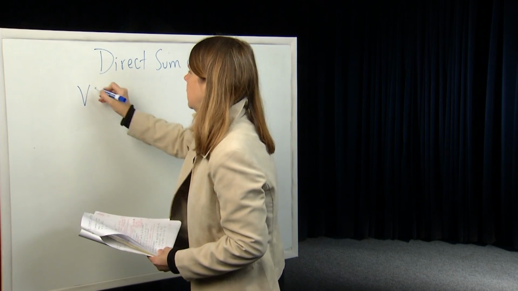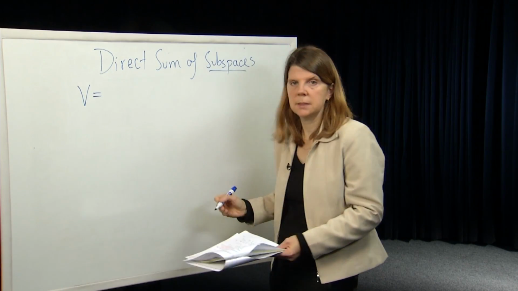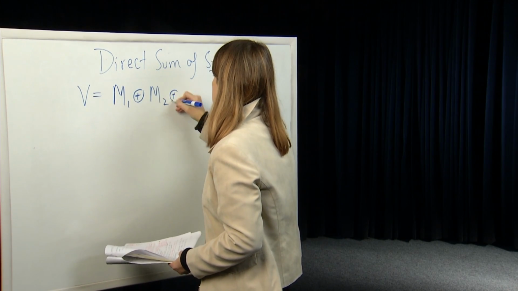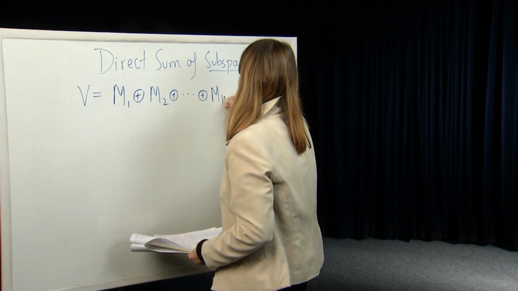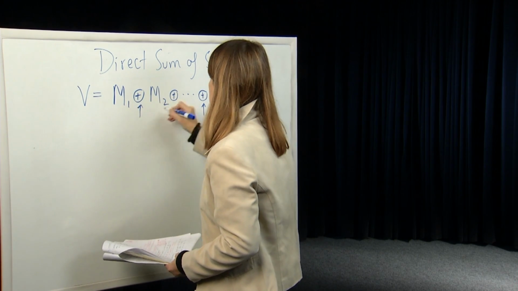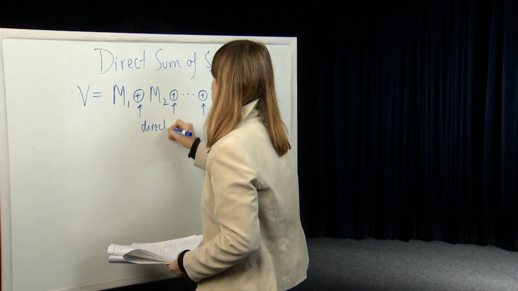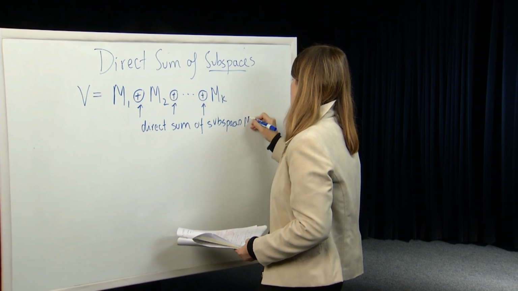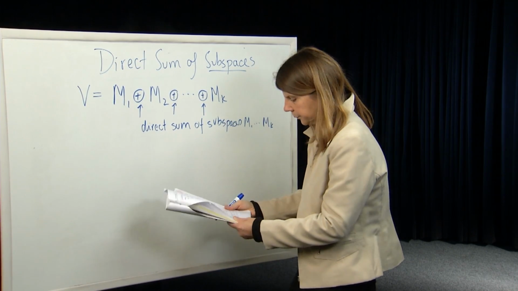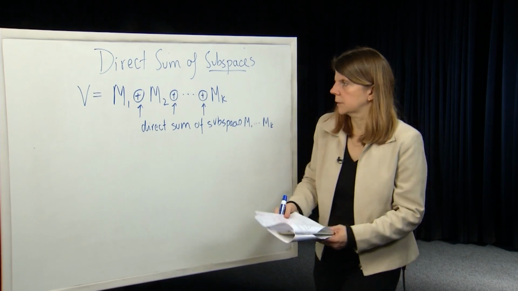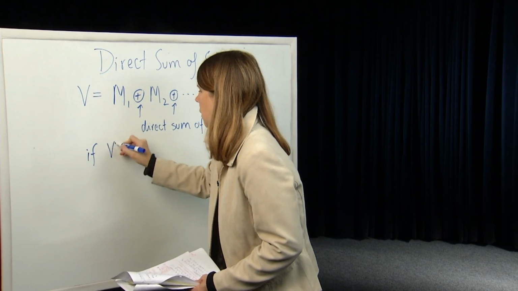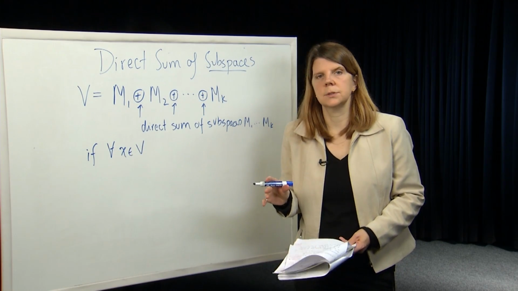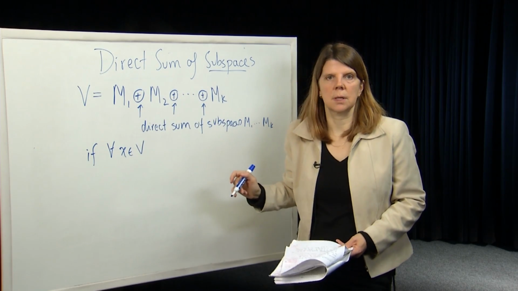So we say that V is the direct sum of subspaces M1 up to Mk, and we use the following notation for direct sum, if for all vectors x in V, x has a unique decomposition in terms of elements in each of those subspaces.